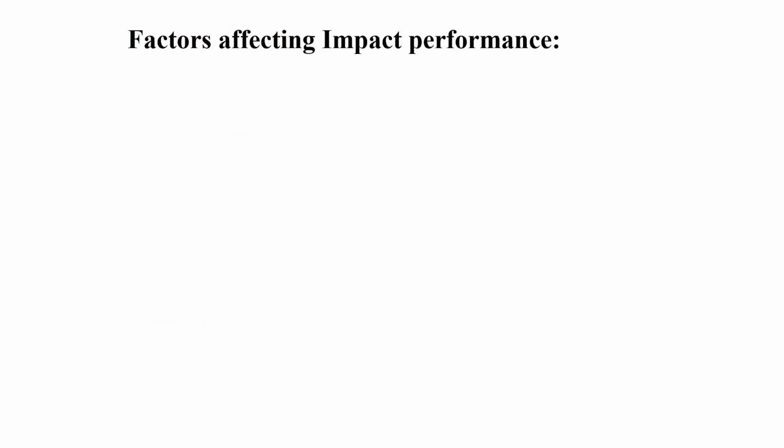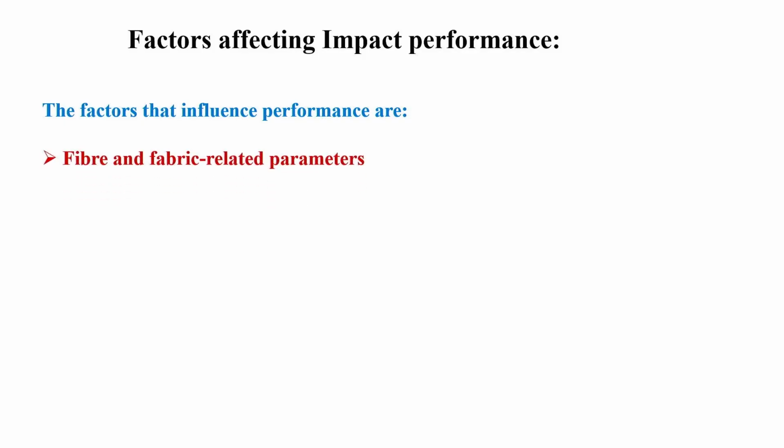So, the factors which affect the impact performance are fiber and fabric related parameters. So, we have to select the proper fiber, and there are different types of fiber related parameters and also different types of fabric related parameters, which we will discuss in detail.